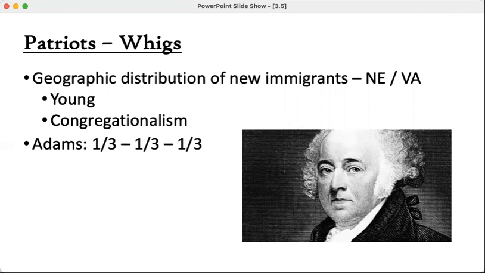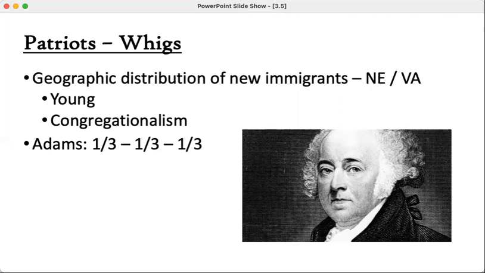They tended to be Congregationalist instead of Anglican. So the Anglican church has a hierarchical structure. Your local priest answers to a bishop, the bishop answers to the archbishop. Whereas in a Congregationalist model, the people of the church choose their pastor. The pastor answers to the people of the church, not to some higher authority.